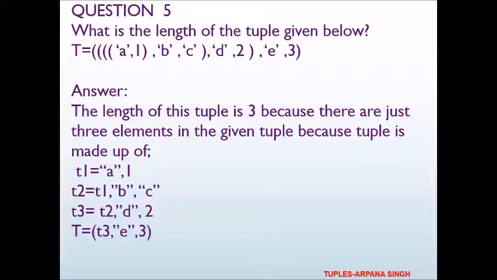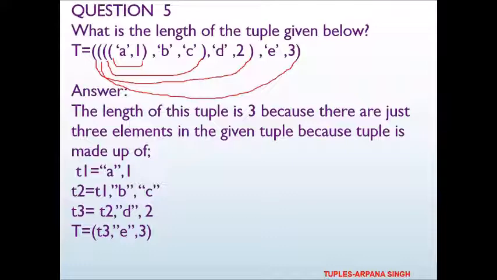Next question, what is the length? How will you find length? You can join the brackets. Now if this is T1 innermost, so this is T1 comma B comma C, so that is T2.